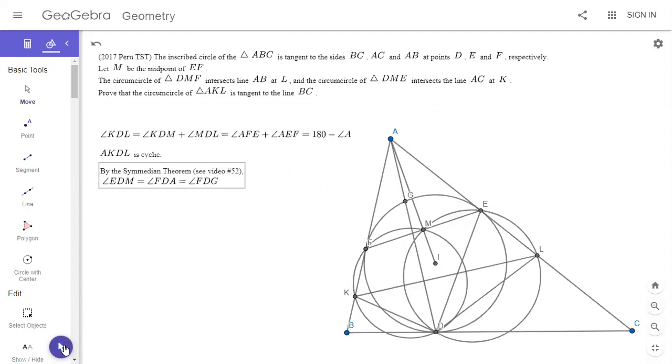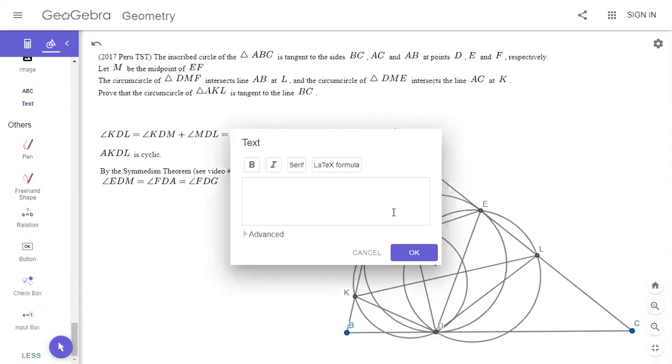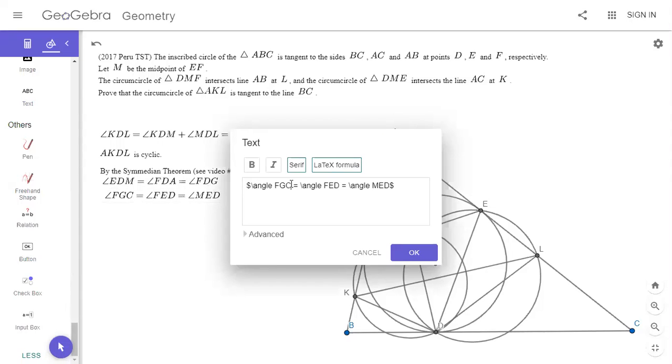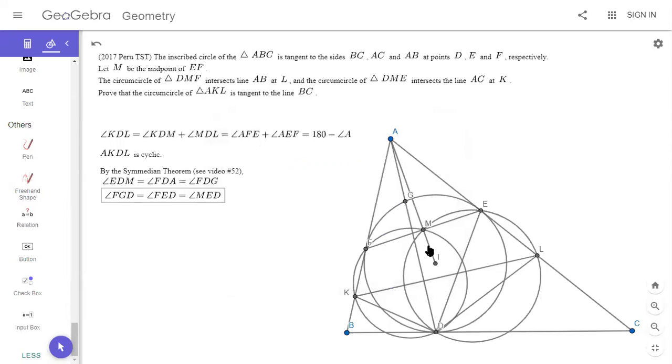And then also angle FGD is equal to angle FED, so FGD is similar to MED.